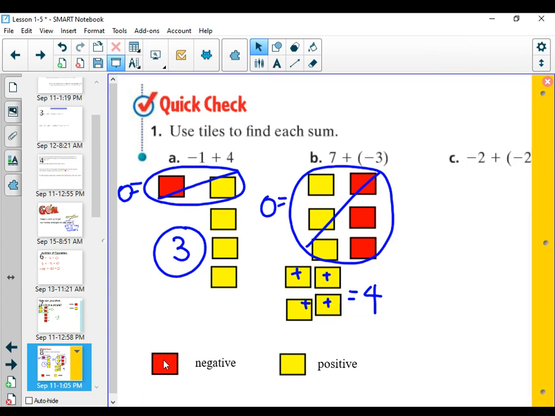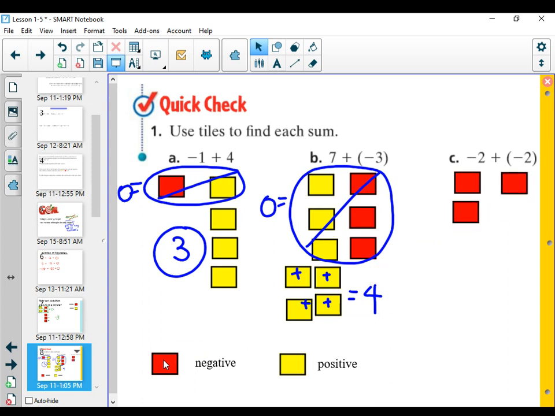Last one to try. I can tell you a mistake that happens a lot is people are getting in the habit of equal amounts of positives or negatives, and they thought this was going to be a 0.